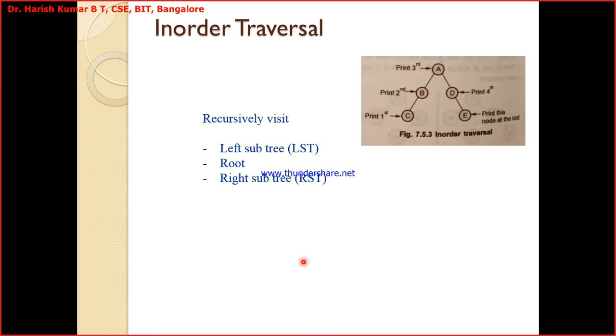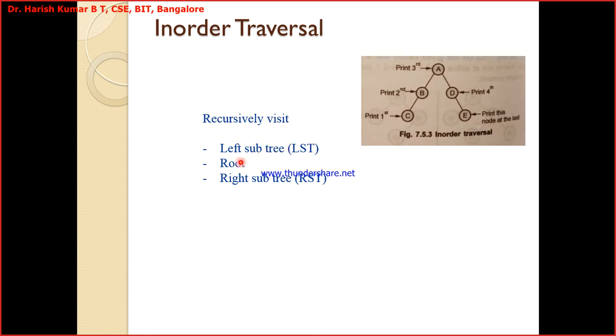Okay, this is what you have to remember. Say I want to do the Inorder Traversal of the given tree. Now how do I traverse? Recursively you have to do this. Recursively visit the left subtree. Henceforth, instead of saying left subtree, I'll be calling it LST.